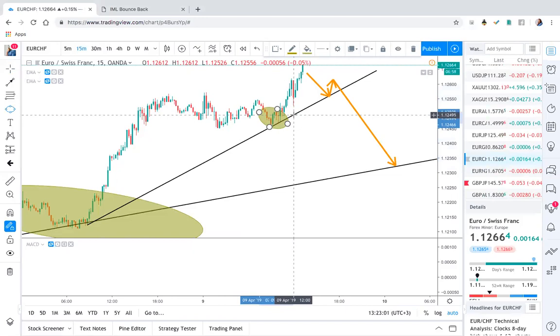If you notice that it hasn't broken the actual trend line but did a rejection, he often says that you can actually trade it in the opposite direction.